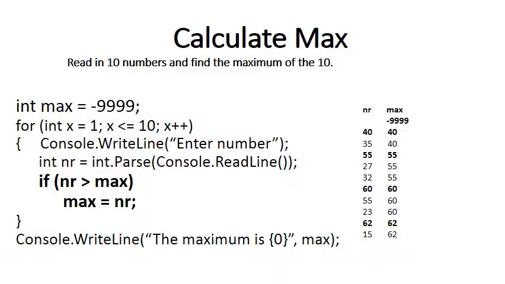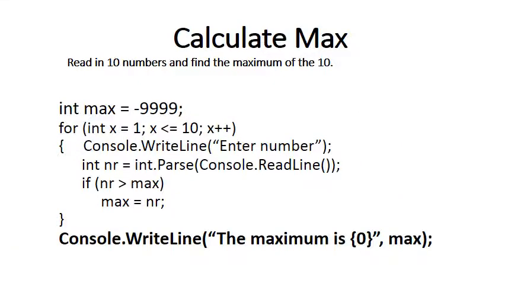The next time that max changes is when the user enters 55, which is greater than the current max, 40, and then max becomes 55. And then nothing changes until the user enters a 60, which is then remembered as the current max. And then the last time max changes is when the user enters 62, which changes max to 62, and that finally is our final max.